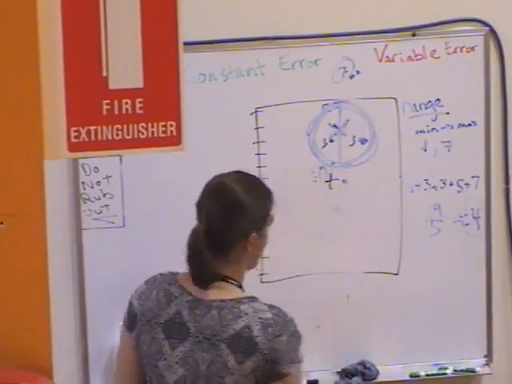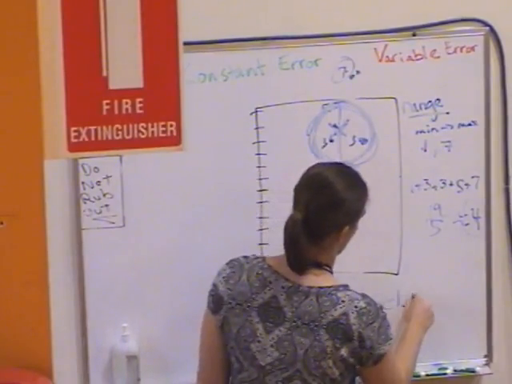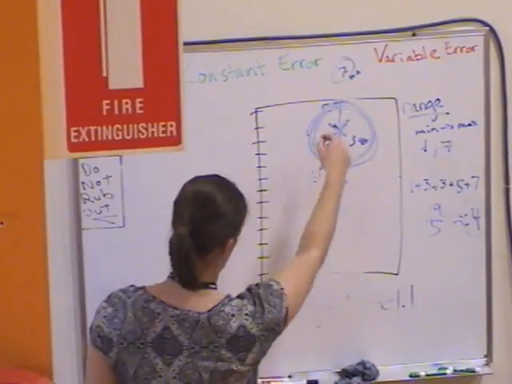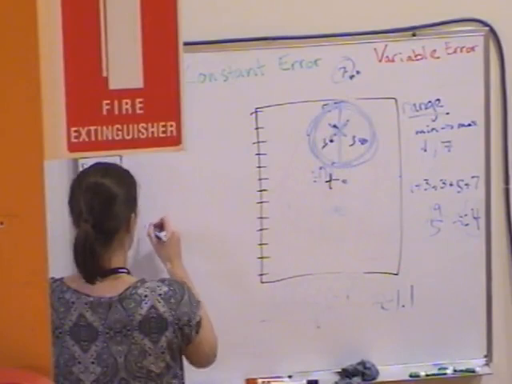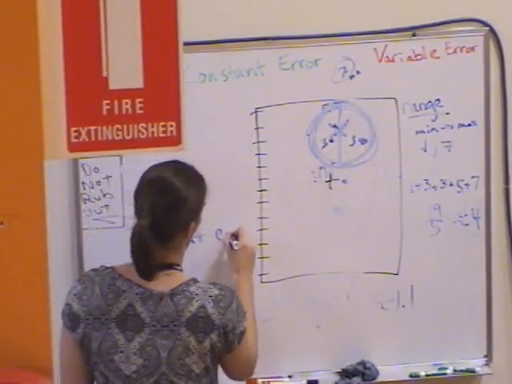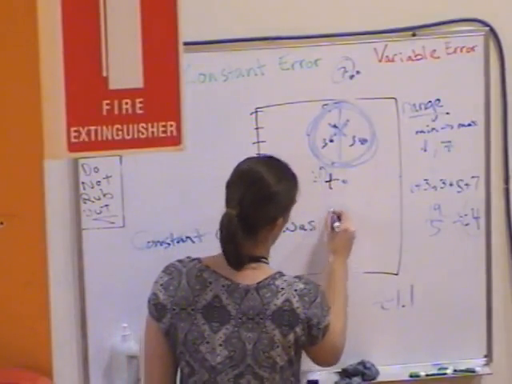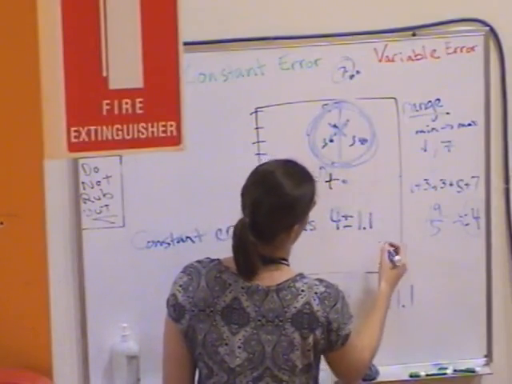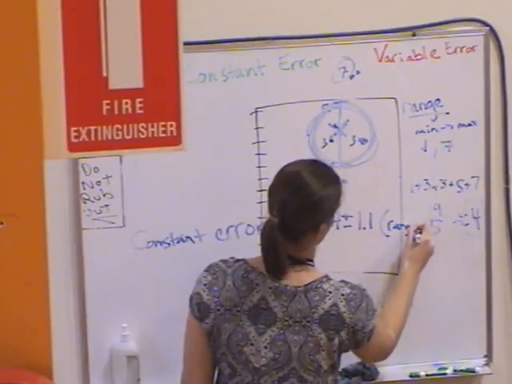But if I was going to report this, let's say this is approximately 1.1. If I'm going to report how well I just drew those things close to the target, I would say the constant error was 4 plus or minus 1.1, and then I would put range.